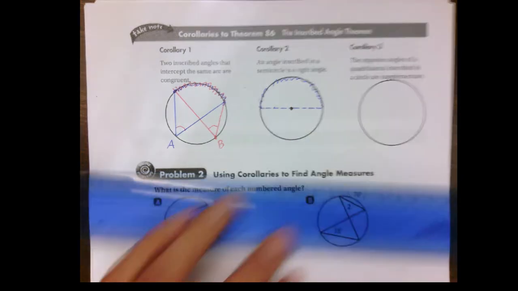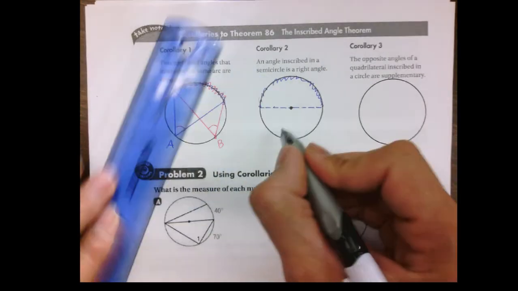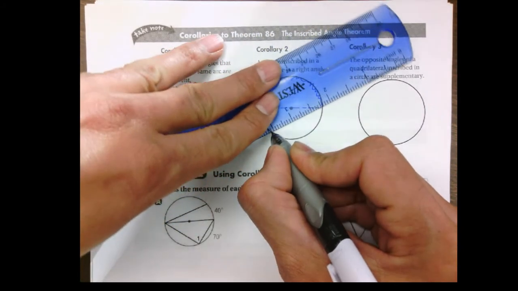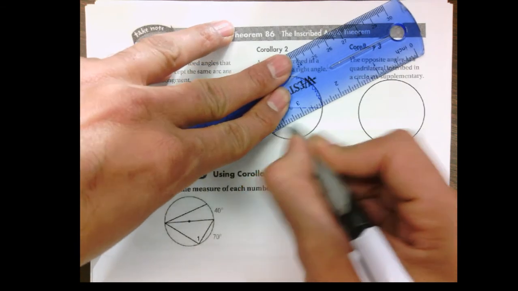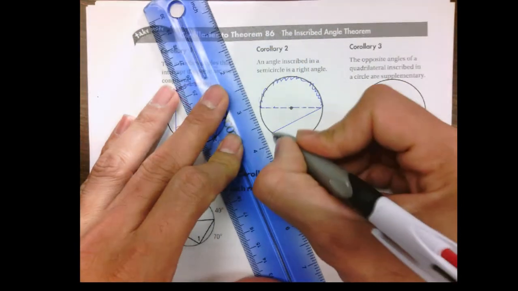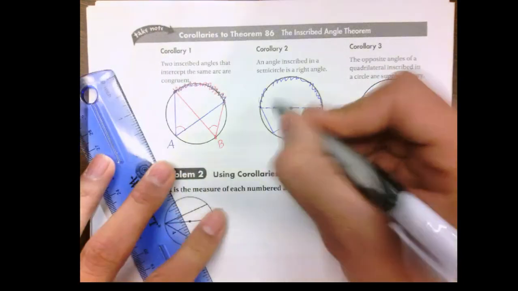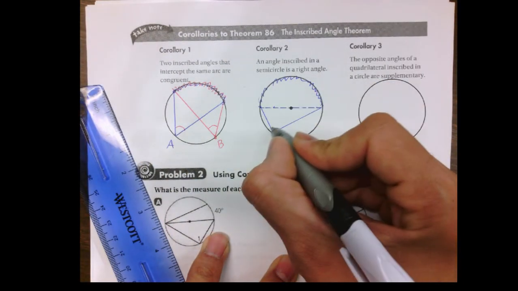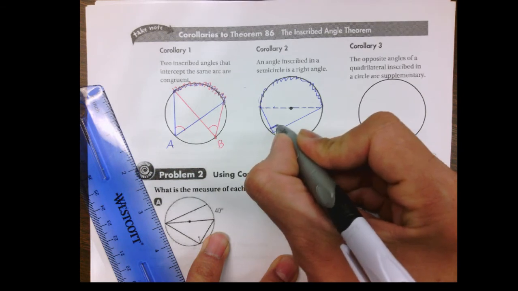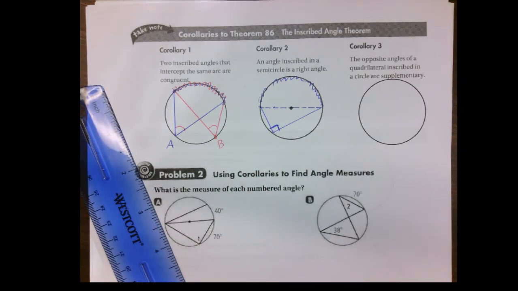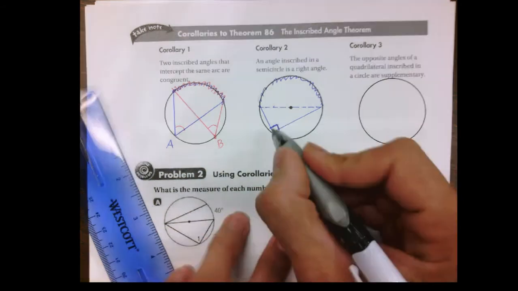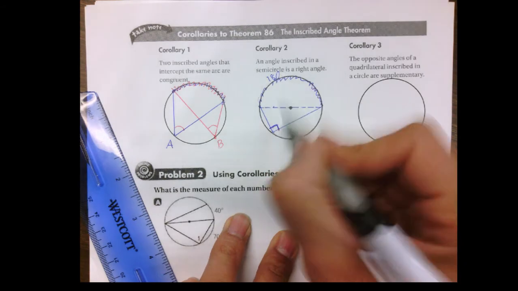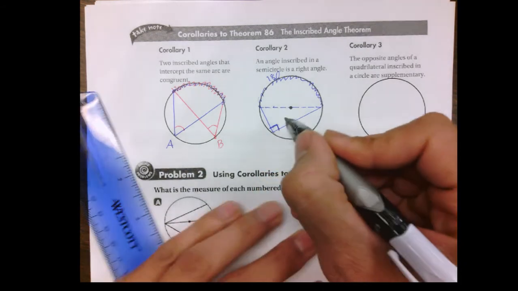If we have an angle that intercepts the semicircle, like this angle right here, that means this angle is going to be a right angle. This arc is 180 out here, and so the angle is going to be 1/2 of the 180, so it's going to be 90. A right angle.